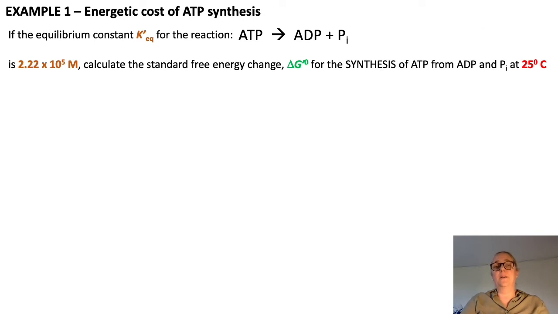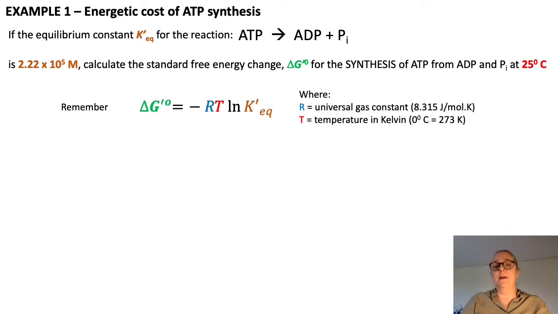In example 1, we're looking at the energetic cost of ATP synthesis. So if the equilibrium constant for the reaction ATP hydrolysis to ADP plus phosphate is 2.22 times 10 to the 5 molar, now calculate the standard free energy change for the synthesis of ATP from ADP and phosphate at 25 degrees.